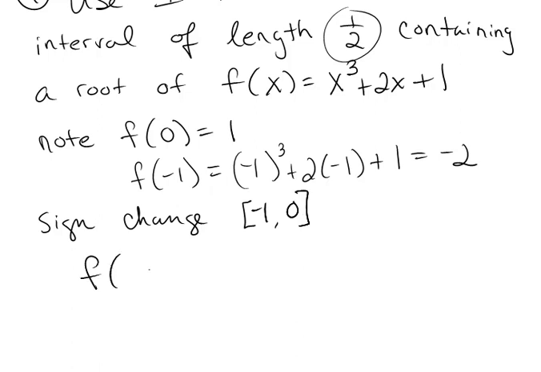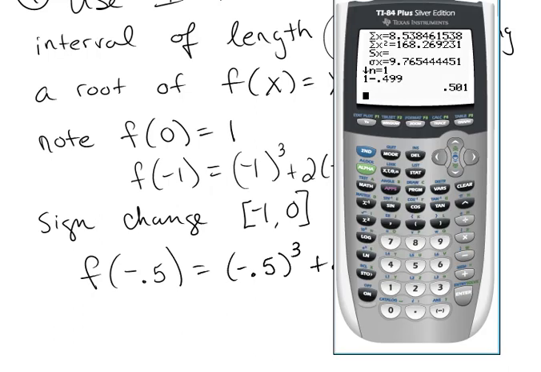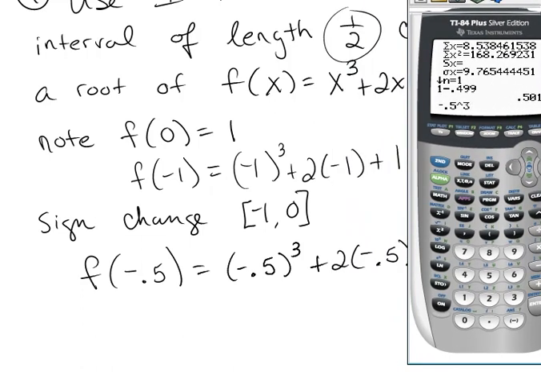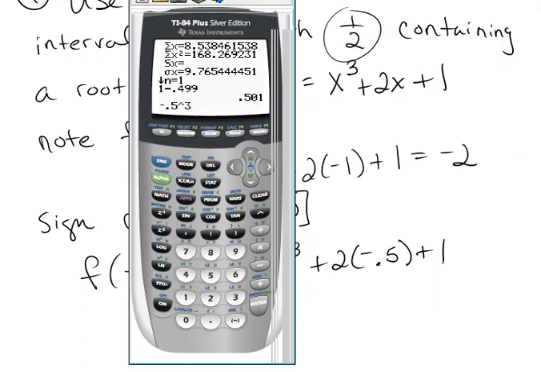So how about I go ahead and compute f of negative 0.5. All right, so this is going to be negative 0.5 cubed plus 2 times negative 0.5 plus 1. And if I type that in my calculator, negative 0.5 cubed, typically I should put that in parentheses, but because it's an odd power, I know it's not going to matter.